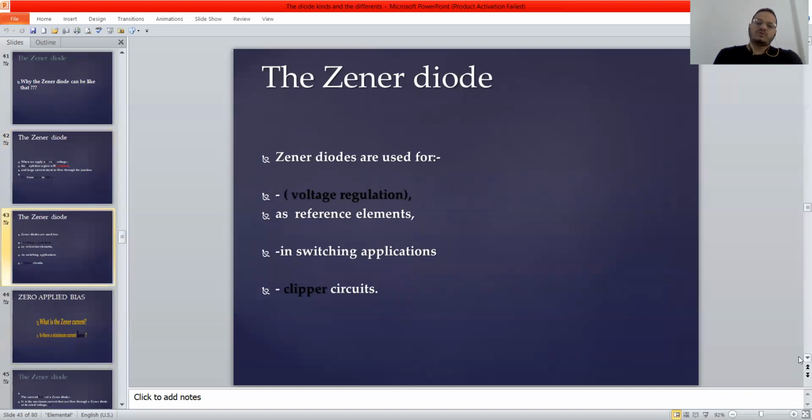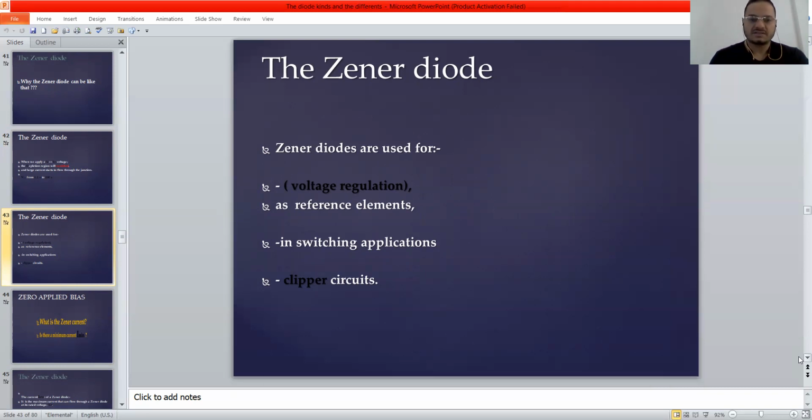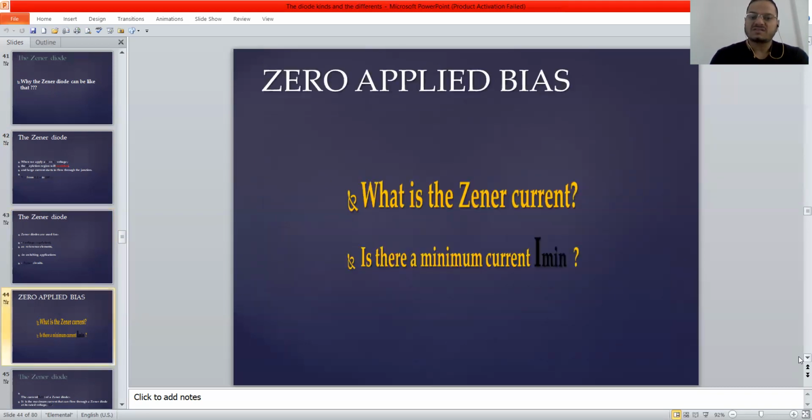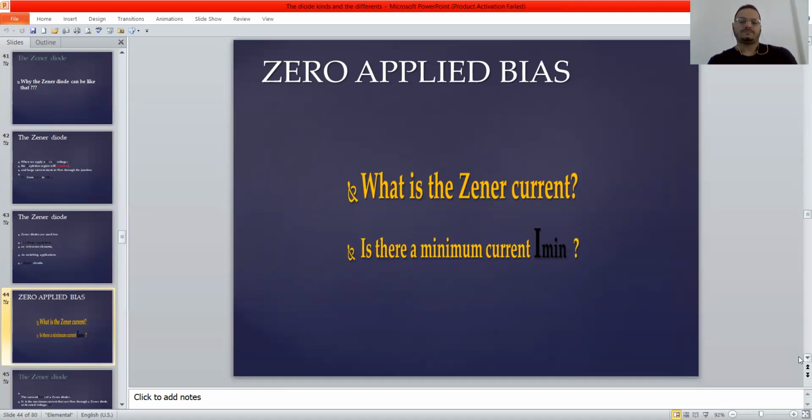Zener diodes are used for voltage regulation, as a reference element, in switching applications and clipper circuits. What is the Zener current? Let's wonder if we have a minimum current or saturation current like the ordinary diode or not.